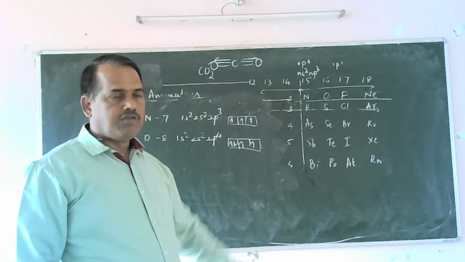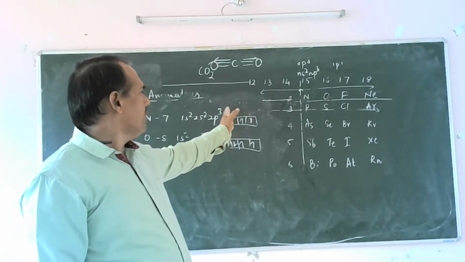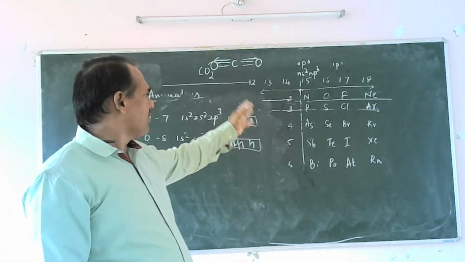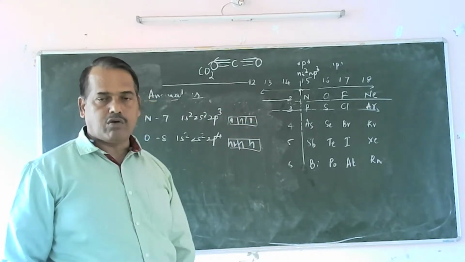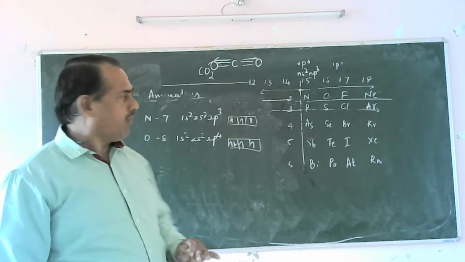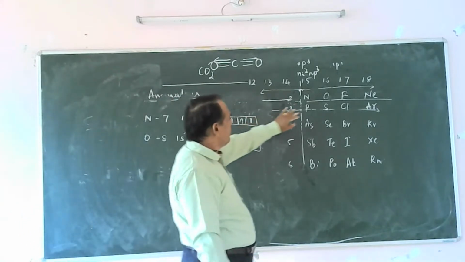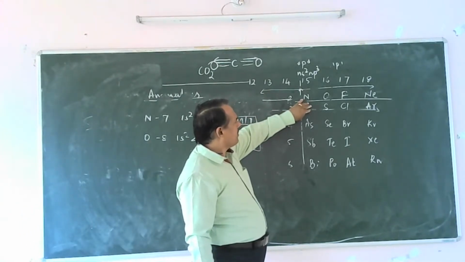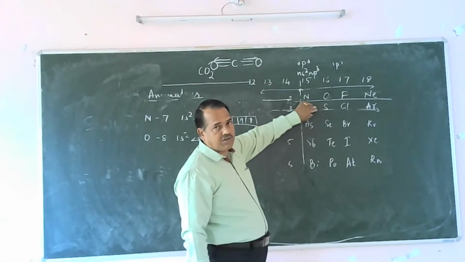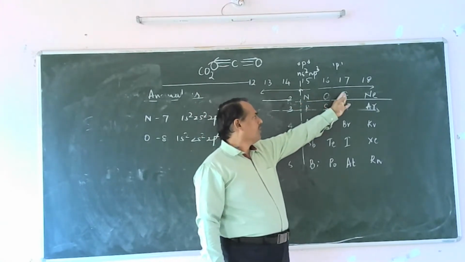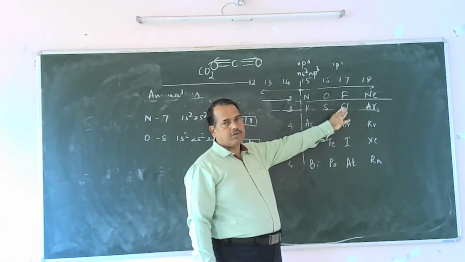See, the electron gain enthalpy of third period elements. See, nitrogen and phosphorus. Phosphorus shows more electron gain enthalpy. Yesterday we discussed the electron gain enthalpy of fluorine and chlorine.